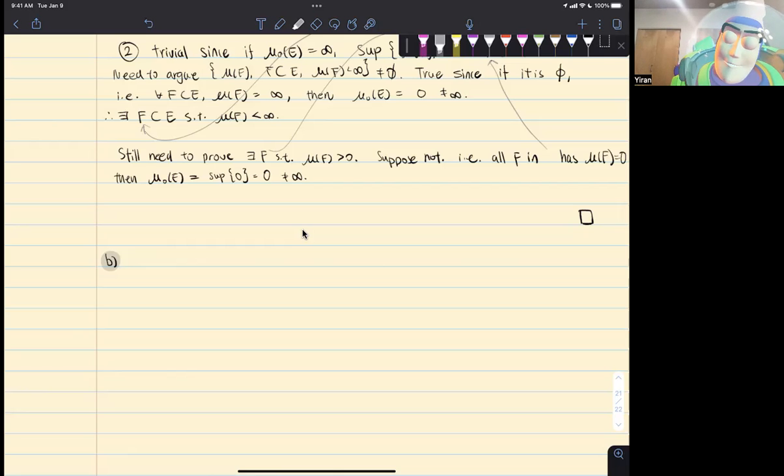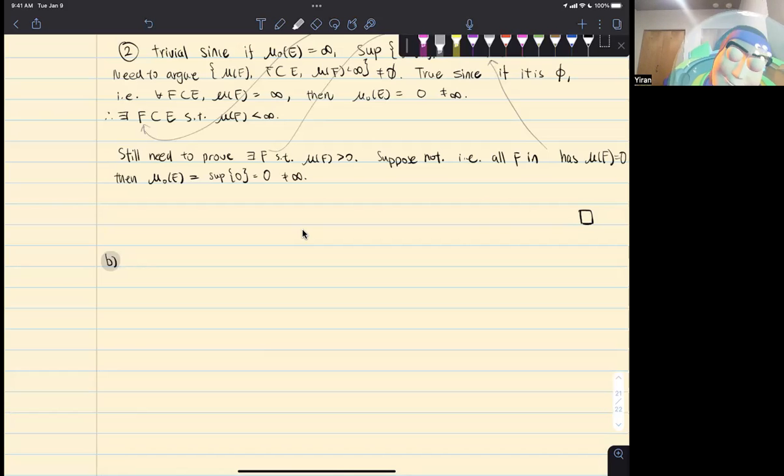Let's think about this. Okay, sorry, I paused the video to think more about this. Now I think I figured it out. So we were discussing the two cases, right? The case where mu is finite, and then we have the desired thing. And now we're considering mu of E equal to infinity.